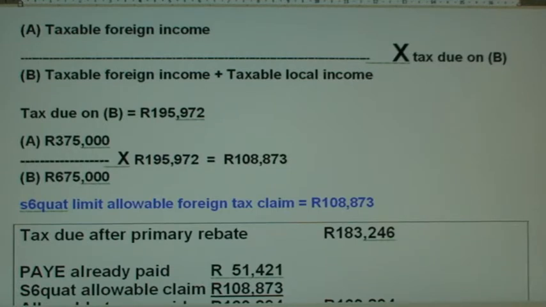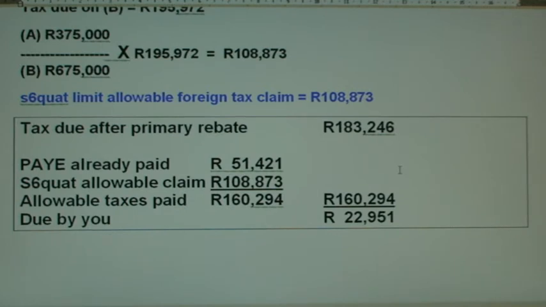Now, if I just scroll down here a bit, we can see the tax due after primary rebate is 183,246. And we can also see that we have paid 51,421 Rand in pay as you earn. Added to that, our 6 quat limit foreign tax means that the allowable taxes we can claim is 160,294.